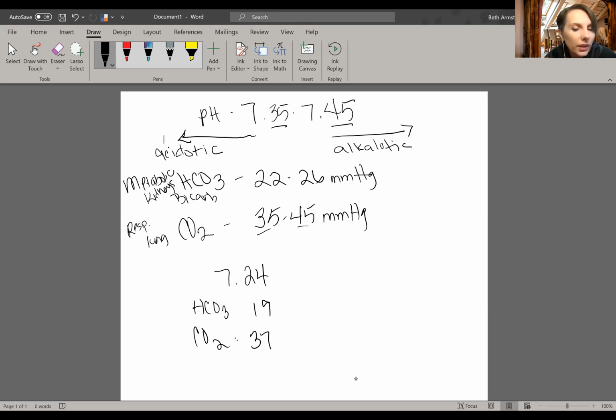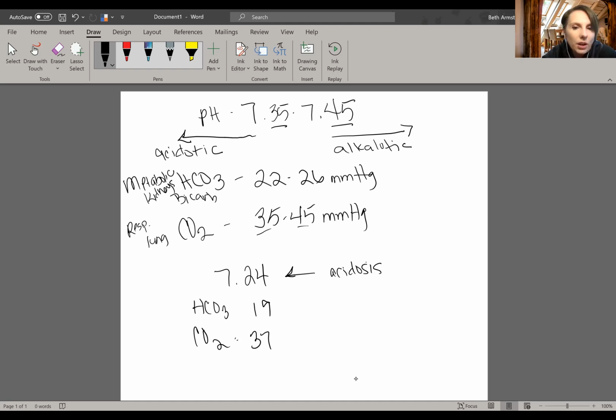Awesome. So what did y'all get? Good. Metabolic acidosis. Very good. This is acidotic because the pH is going this way, so it's acidosis.